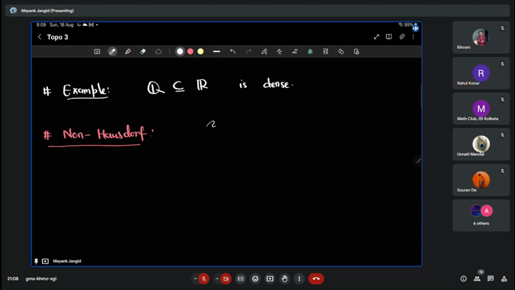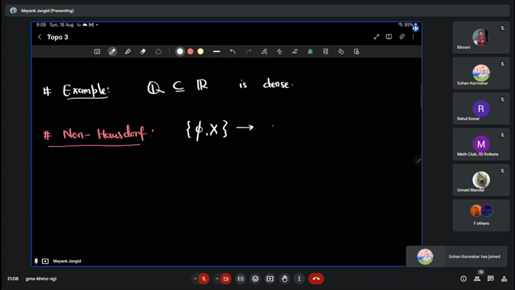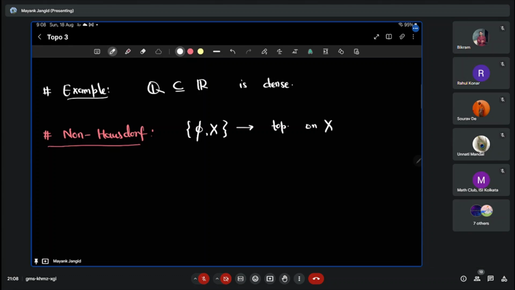Vedanta proved that this collection of subsets is a topology on X. And say X is not empty, and say it has greater than or equal to 2 elements. Then pick those elements a, b in X. Then there does not exist any open set which separates a and b.